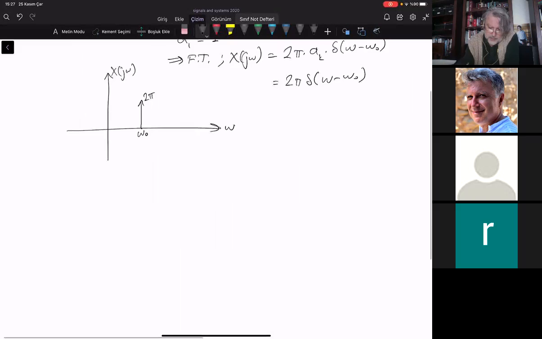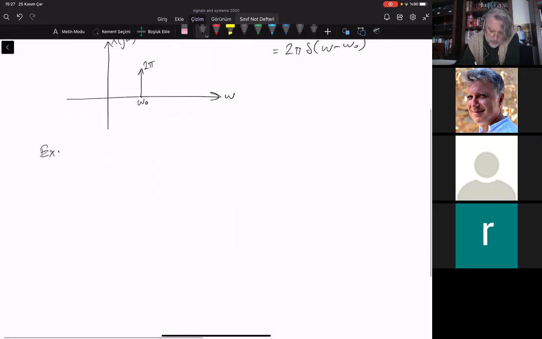For example, x of t is equal to, let's give some values, like 3 cosine omega 0 t, okay? What's the Fourier transform of this? We have two Fourier series coefficients, as we know, a1 and a minus 1.